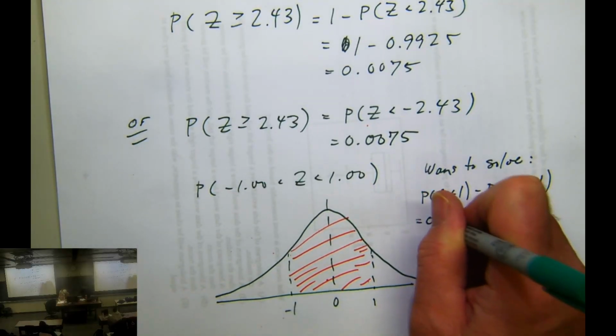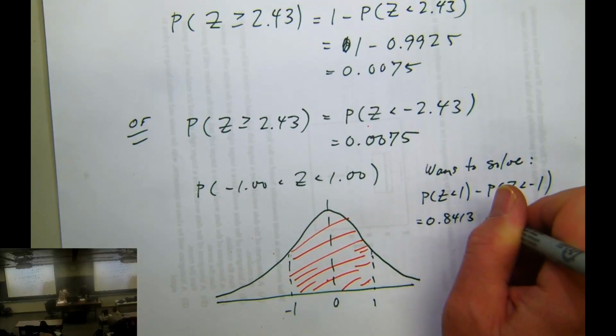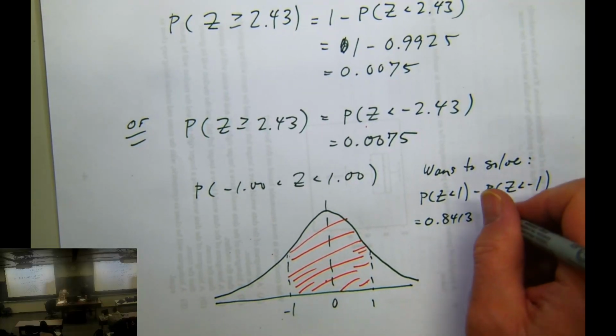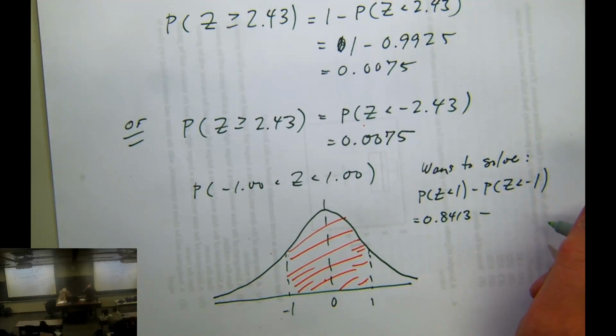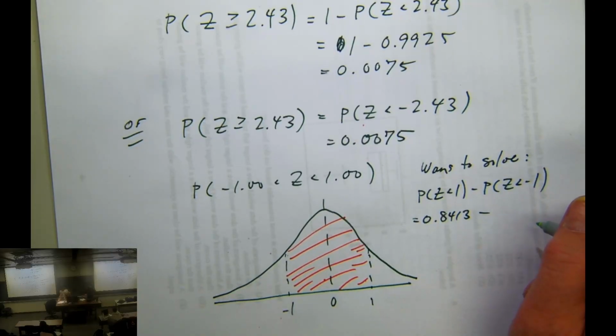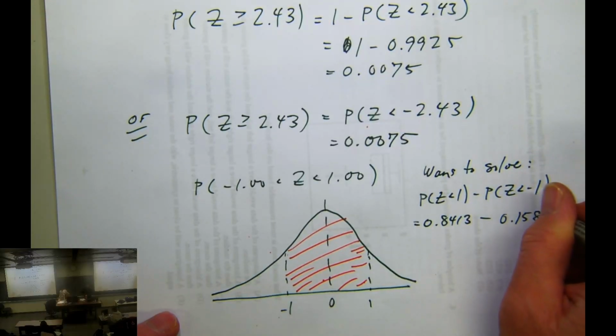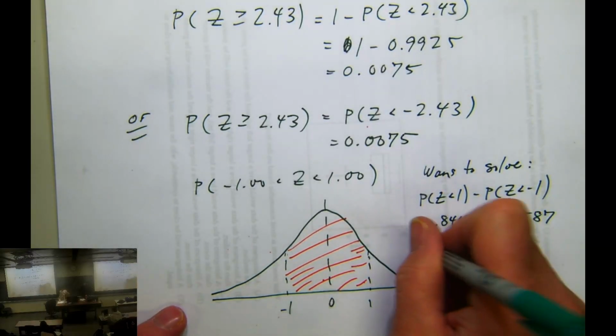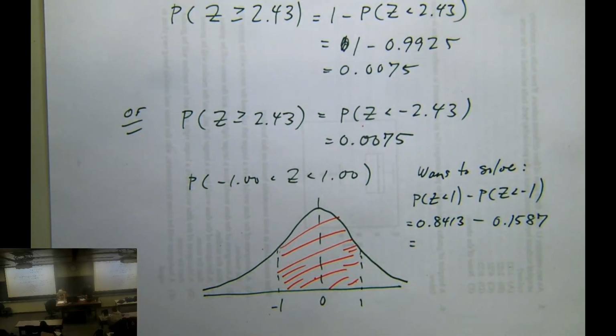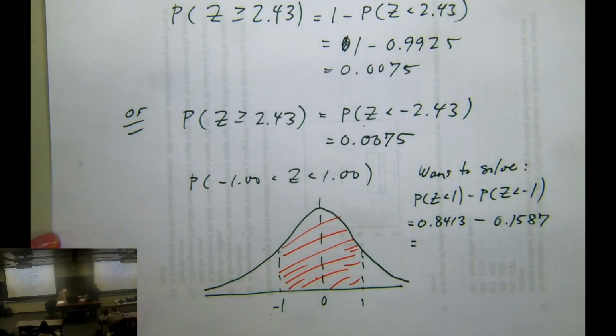And so this is going to be 0.8413 minus, table is my friend, 0.1587. And what do we get there? 0.68.